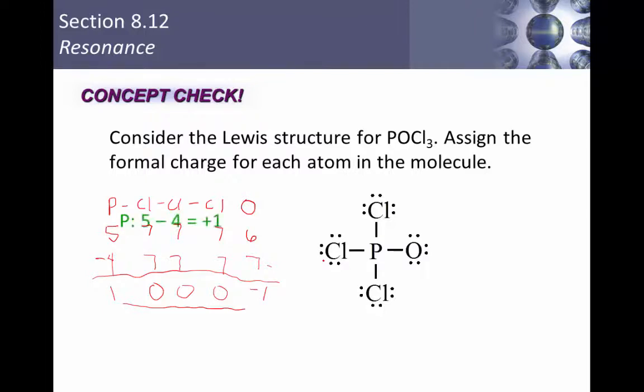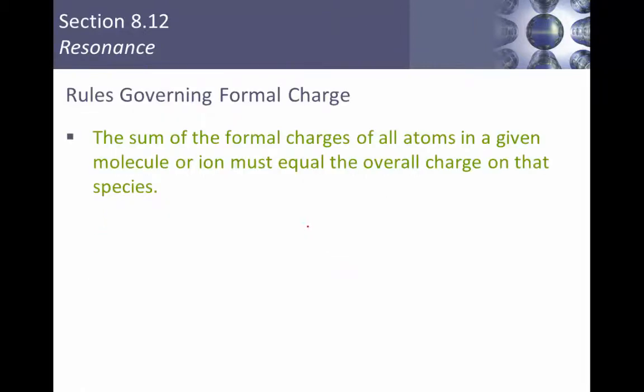So this is going to walk through it, doing the same thing I just did, but I set it up like a little table instead of just subtracting it. You can do it either way. So the sum of the formal charges of all the atoms in a given molecule or ion must equal the overall charge on that molecule.